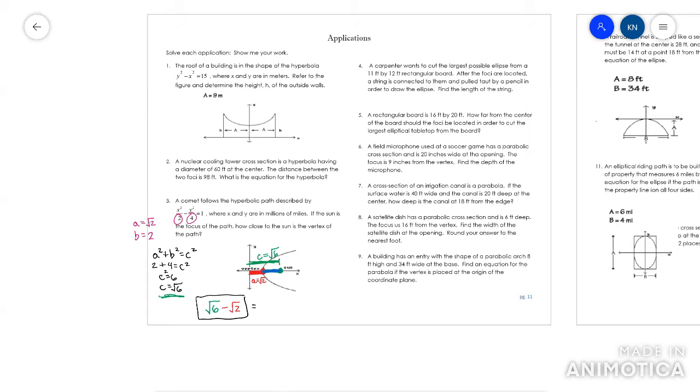So this has a value of 1.035276, right? But then they say we're talking about in terms of millions of miles. So you have to multiply this by 1 million. So you end up getting 1,035,276 miles. This would be my answer.